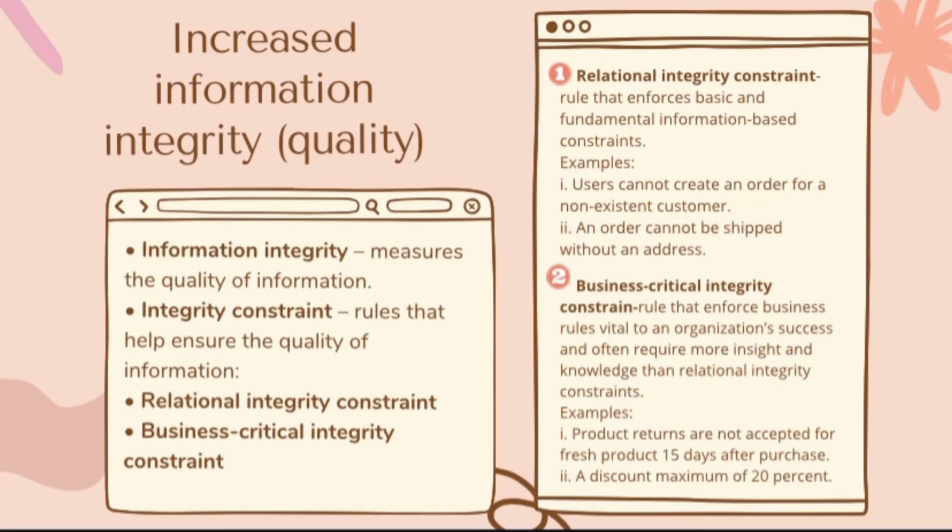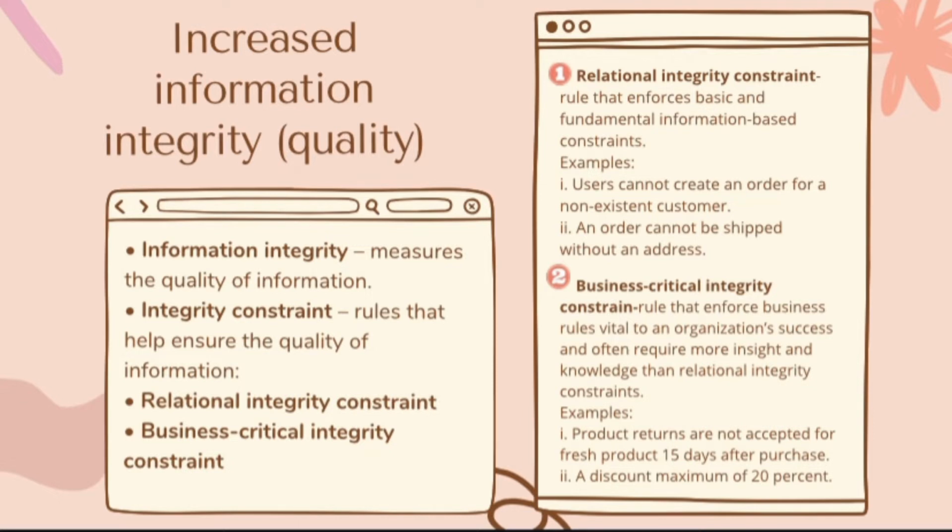Relational integrity constraint is a rule that enforces basic and fundamental information-based constraints. For example, users cannot create an order for a non-existent customer, and an order cannot be shipped without an address. Business critical integrity constraint is a rule that enforces business rules vital to an organization's success and often requires more insight and knowledge than relational integrity constraints.